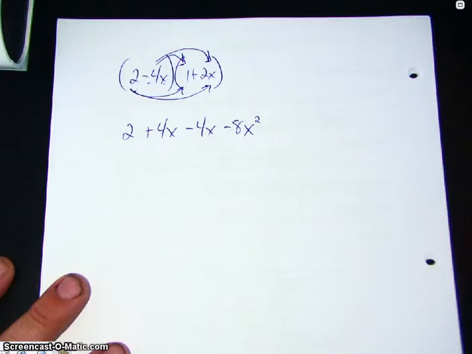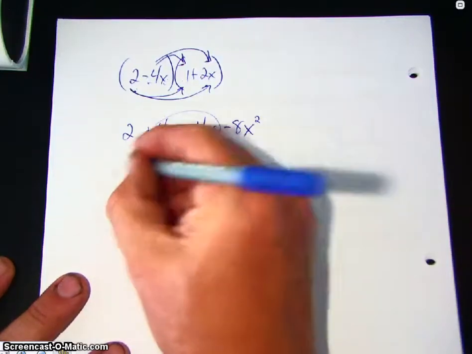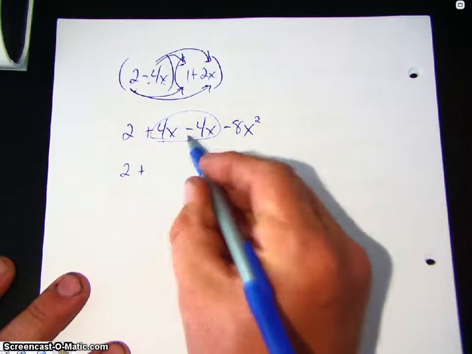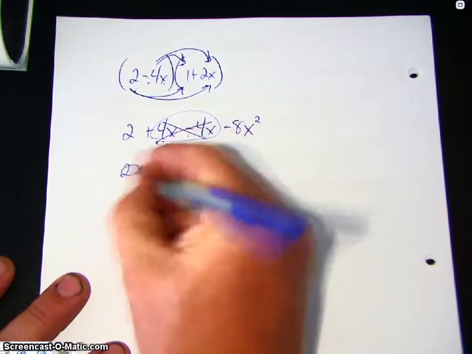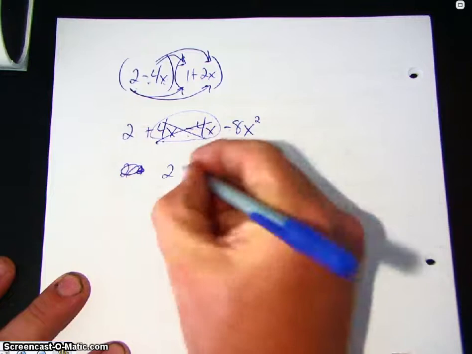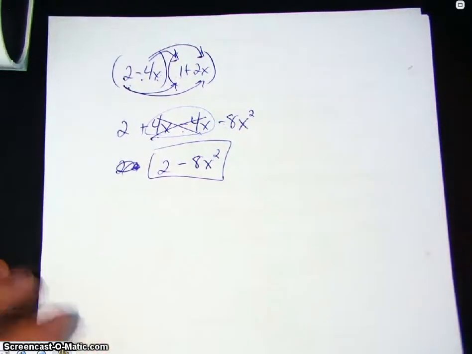So these are my two like terms. So 4x minus 4x is 0, so that's gone. I have a minus, so I have 2 minus 8x squared. And you end up with that.